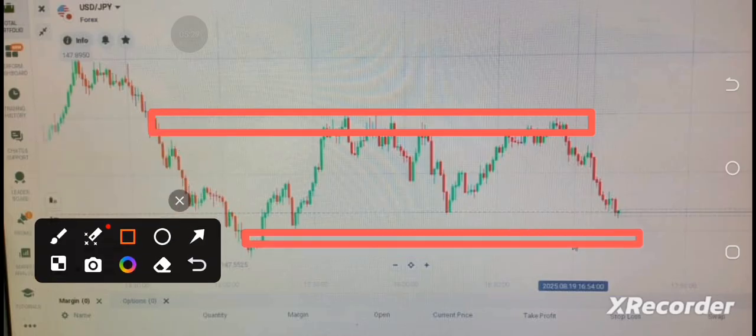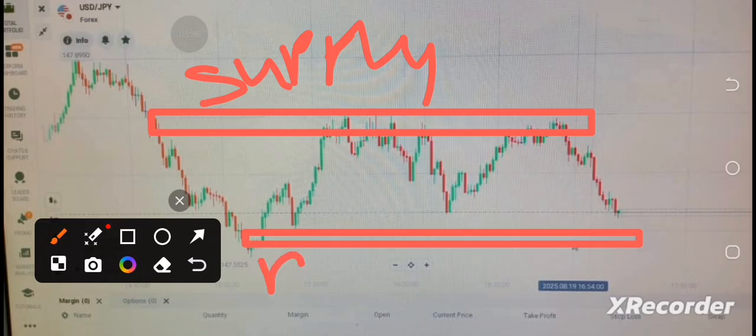So this is supply. This is demand. Okay. So it's just like support and resistance.